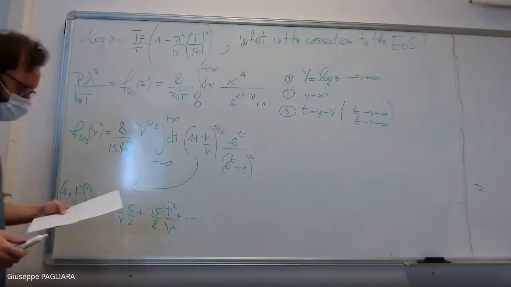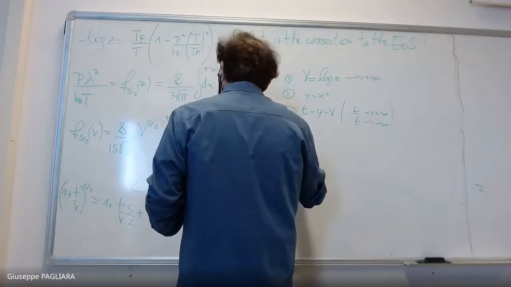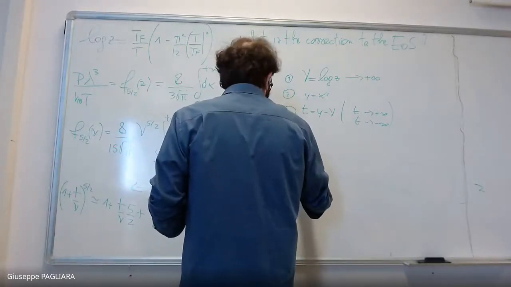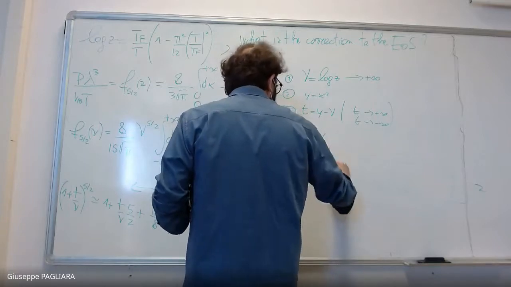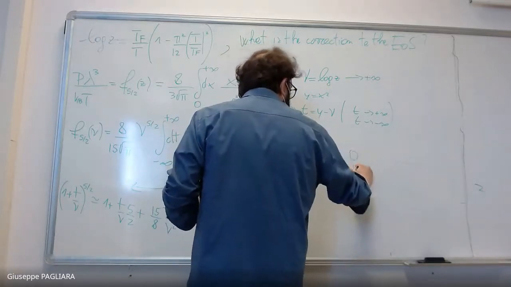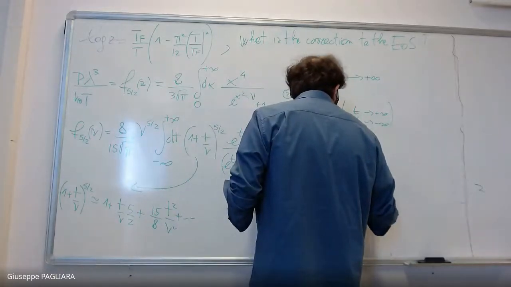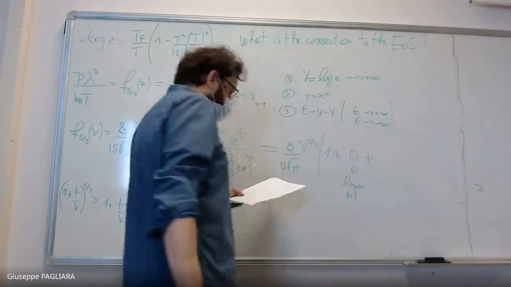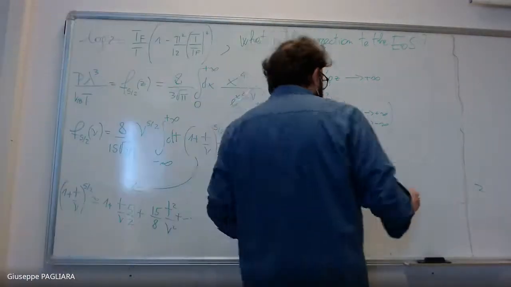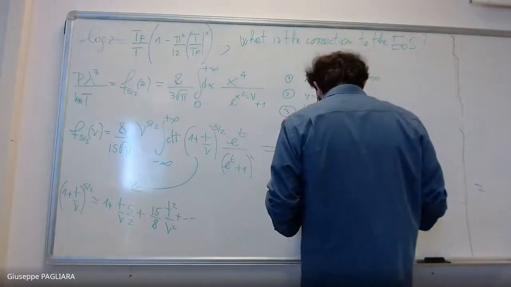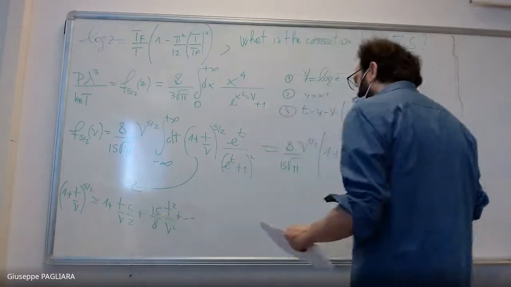If you do that, you see that the result will be 8 divided by 15 square root of pi, mu to the power of 5 halves, then I have 1 plus 0, which was the linear term in t, plus the other correction, which is another integral, equal to 15 divided by 8, which is this factor here.